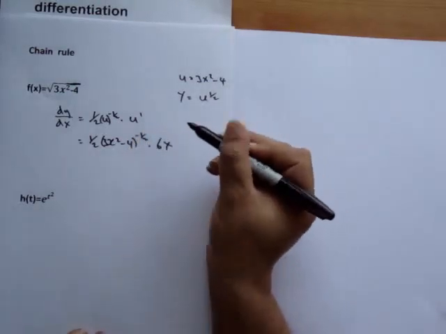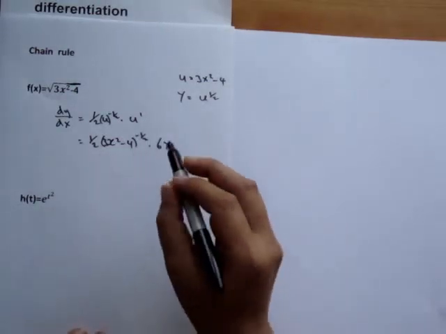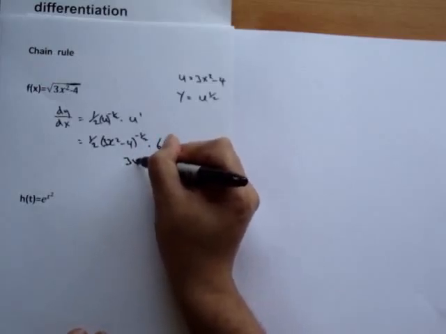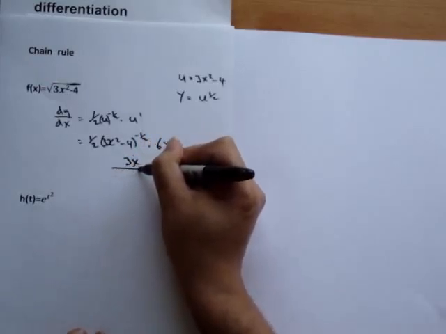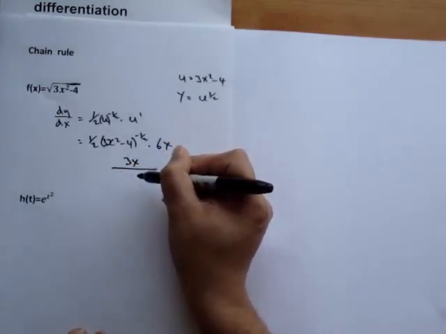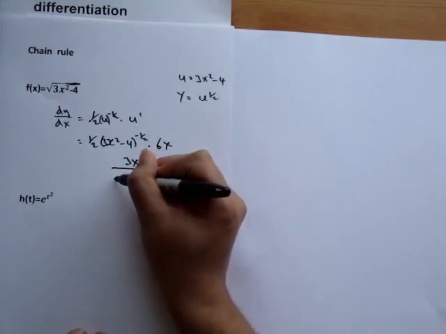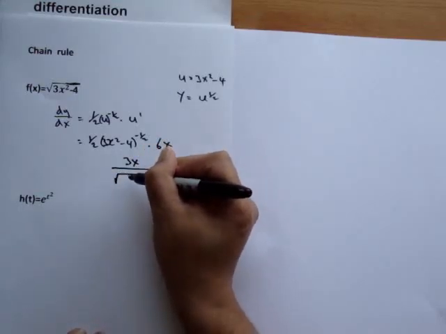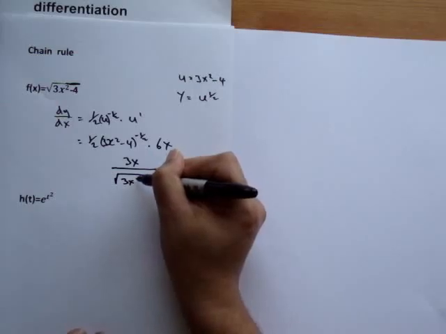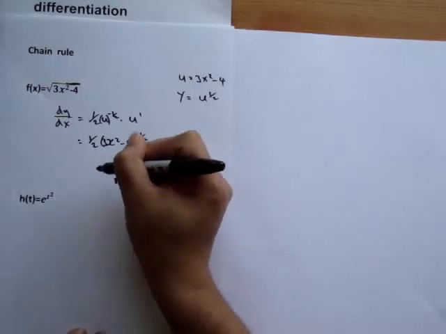If we want to rearrange that, half times 6x, 3x, and because it's a minus, all over half means square root 3x squared minus 4.